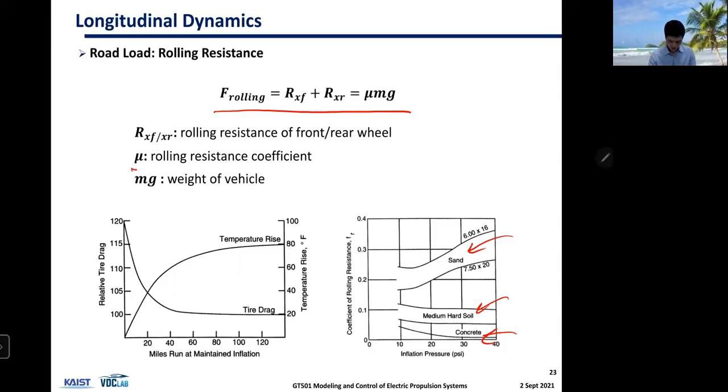So this is what's determining this rolling resistance. And there are tires with low rolling resistance, and some eco-friendly vehicles, like hybrids and EVs, are often equipped with low rolling resistance tires to maximize range and efficiency.